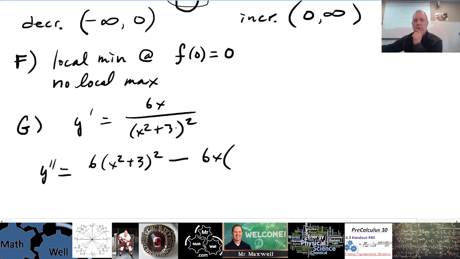For the derivative of the bottom, we have to use chain rule here. So we're going to have 2 times x squared plus 3, since 2 minus 1 is just 1, and then multiplied by 2x, which is the derivative of the inside. So we do power rule and chain rule in finding the derivative here.